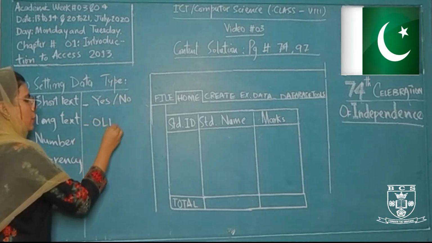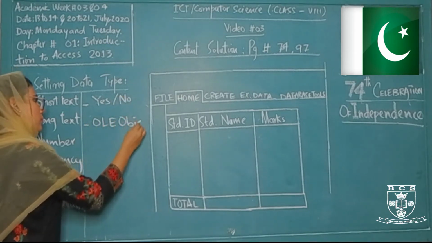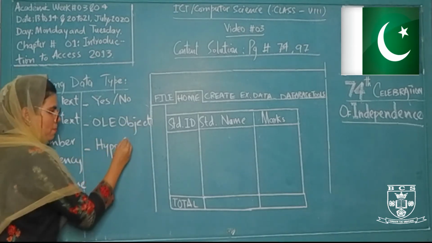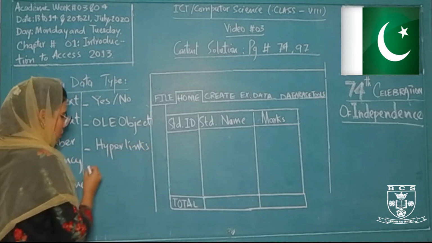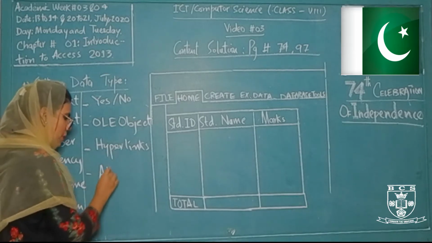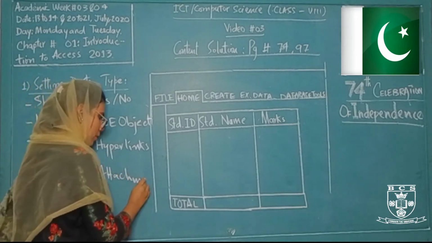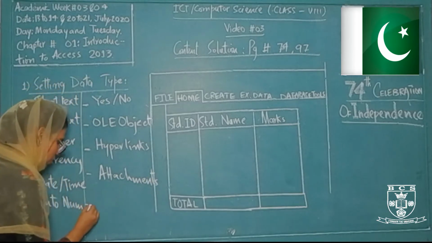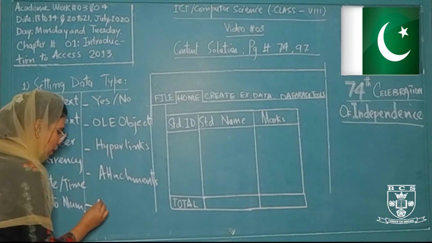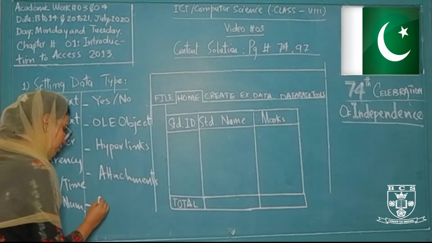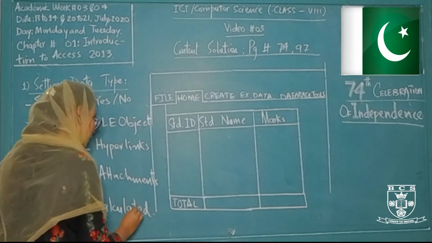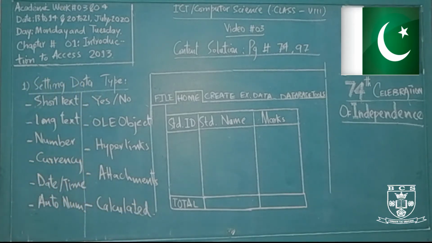Then OLE object. Then hyperlinks. Then we have attachments. Then we have calculated.